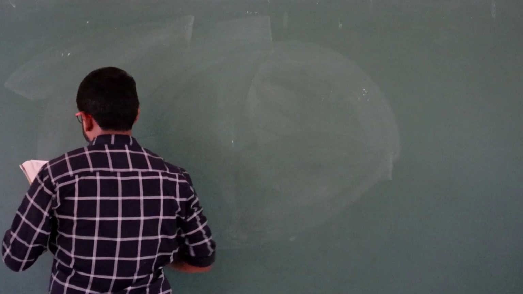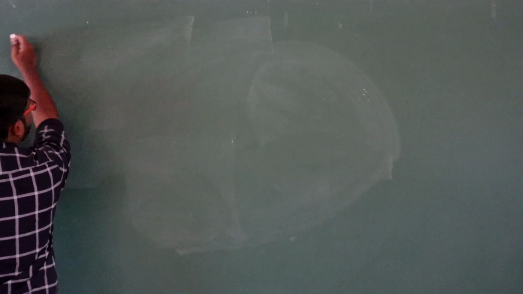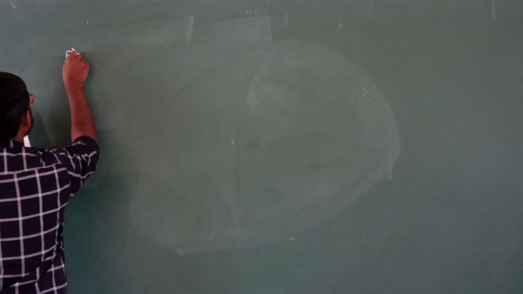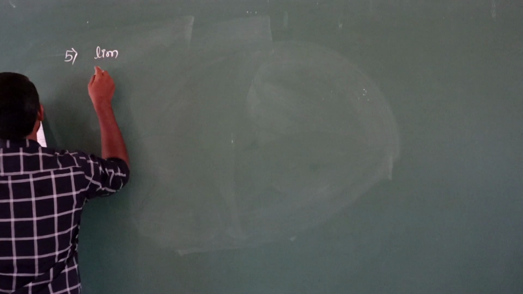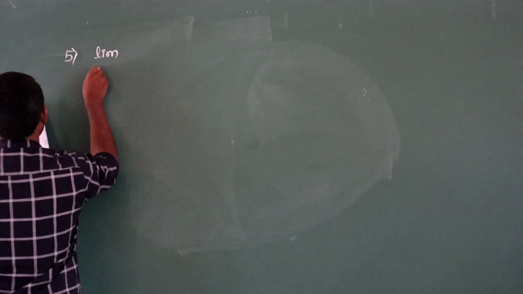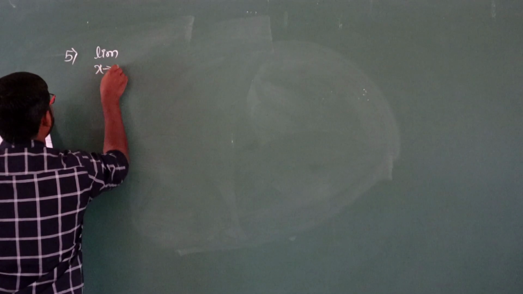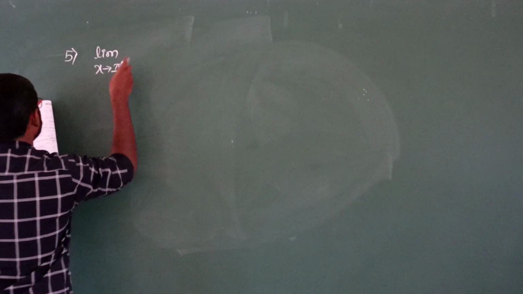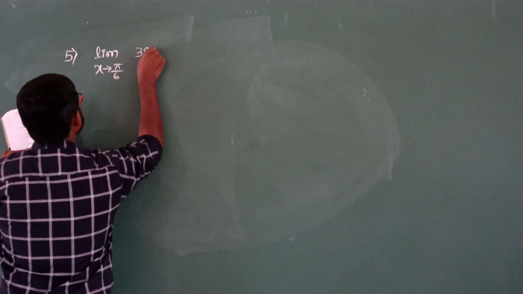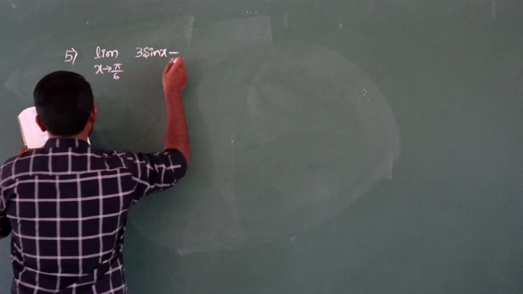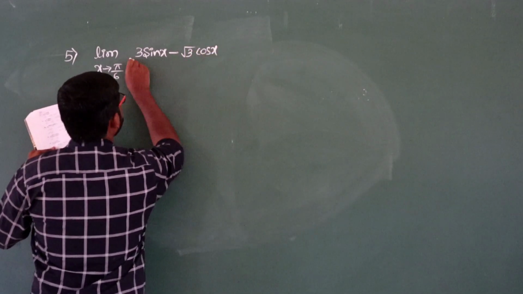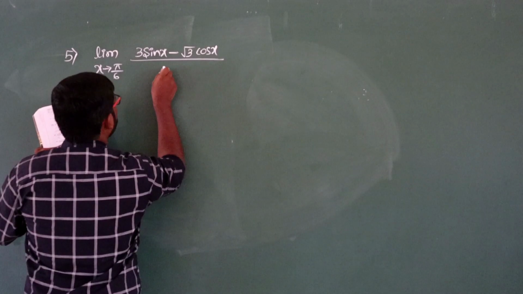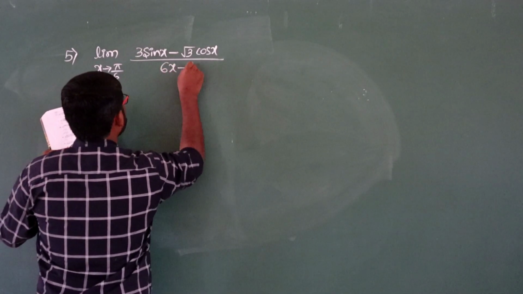Well, let us take up the next question. Question number 5. Limit x tends to pi by 6, 3 sin x minus root 3 cos x divided by 6x minus pi.